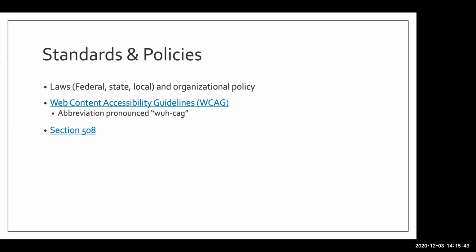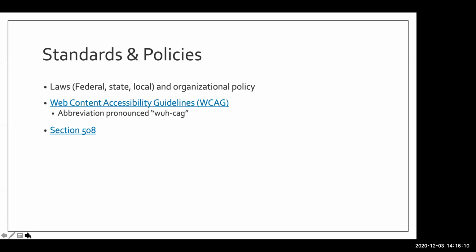The abbreviation is WCAG, and it's often pronounced WCAG, which, when you first hear it, you wonder what that is. Those are the Web Content Accessibility Guidelines. They are international standards that lay out principles and guidelines for building accessibly. And Section 508, the portion that speaks to web accessibility, pulls in the Web Content Accessibility Guidelines.